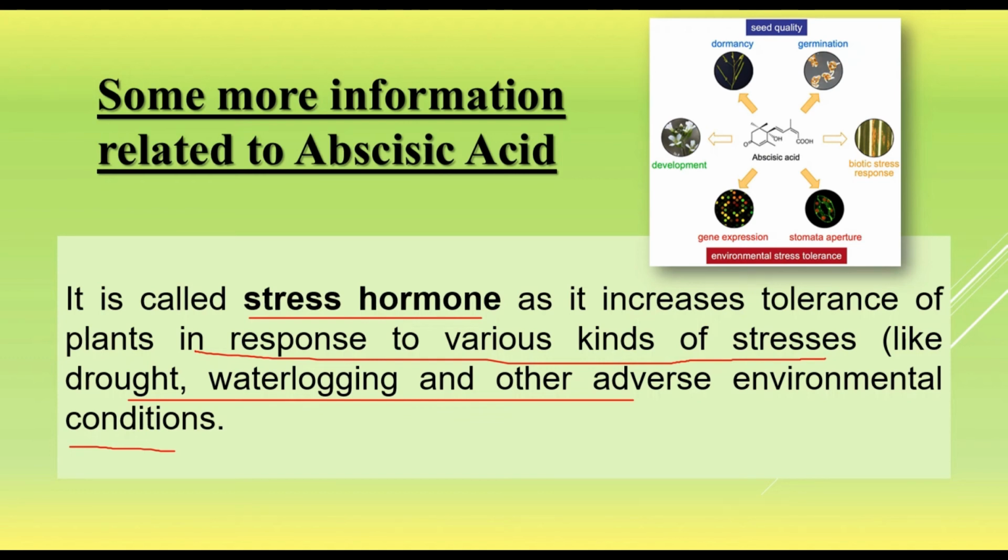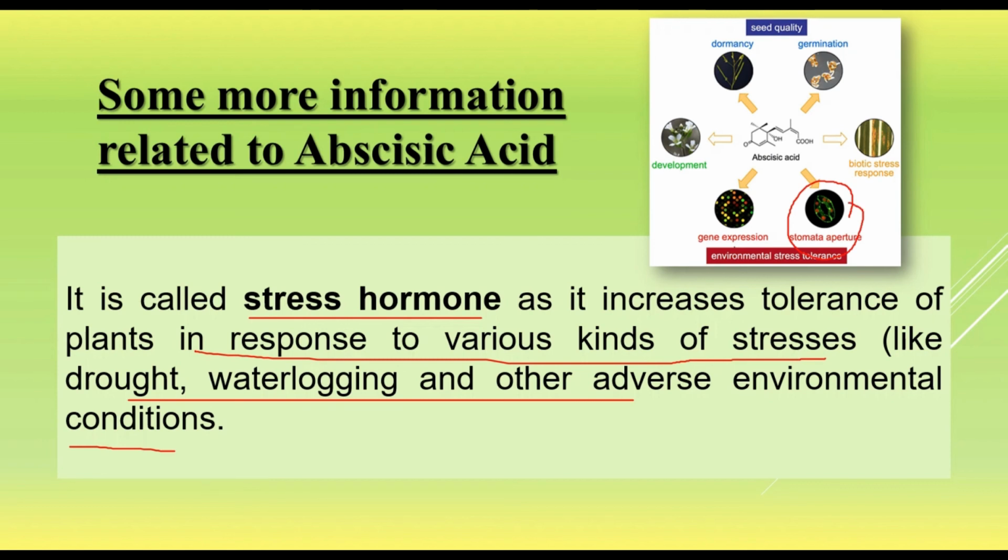It induces dormancy. Seeds can overcome the unfavorable condition, so it helps to overcome the situation. If there is high temperature desiccation, then abscisic acid helps to close the stomata. By closing the stomata, abscisic acid checks the excess loss of water.